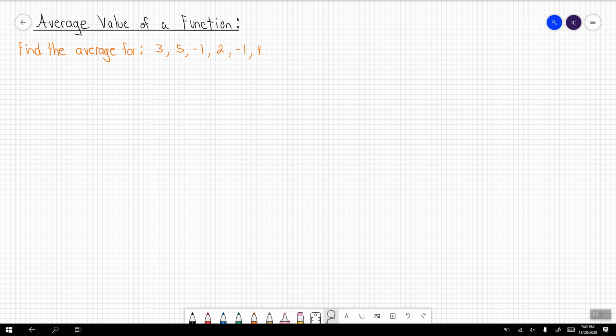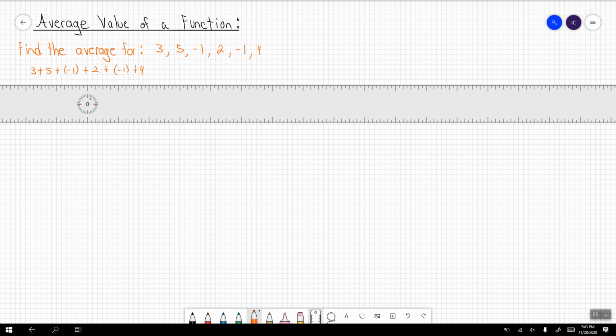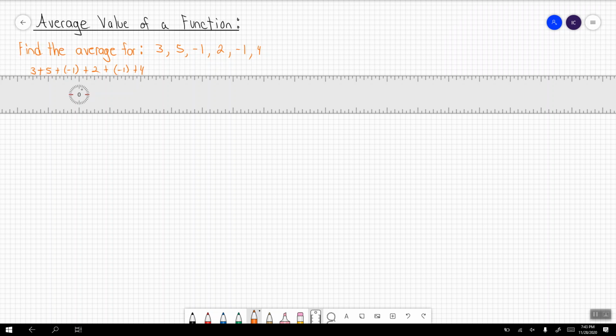So let's go ahead and find the average for that data set. To find the average, what we typically do is we add all the numbers together that are given to us. So 3 plus 5 plus -1 plus 2 plus -1 plus 4, and then we divide by the amount of numbers within our data set.